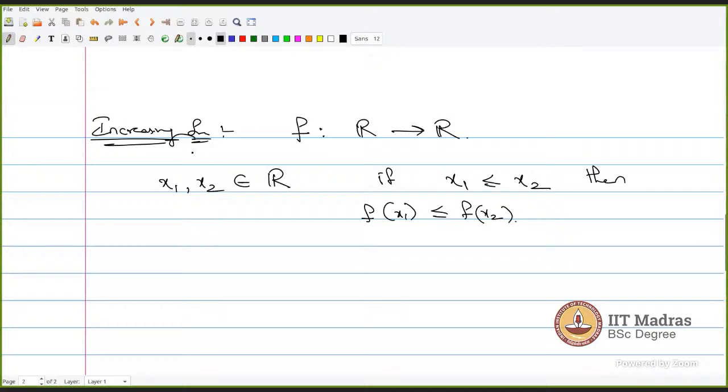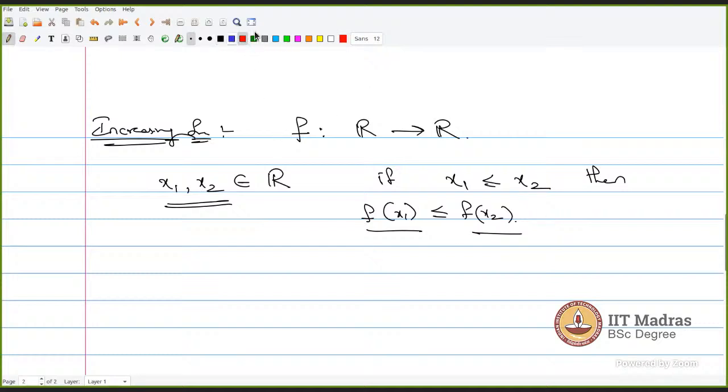Then I say it is an increasing function. I compare which one is greater, compute f of x1 and f of x2, and check the inequality between those two. So if f of x1 is less than or equal to f of x2, it is an increasing function.